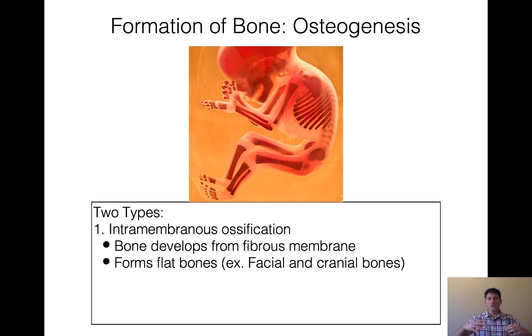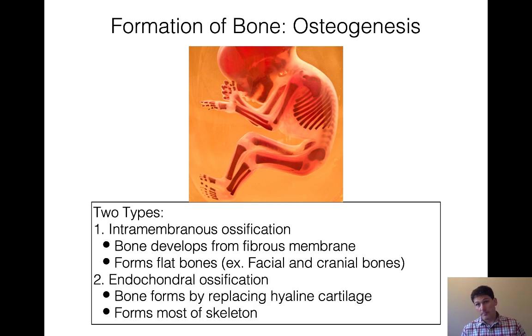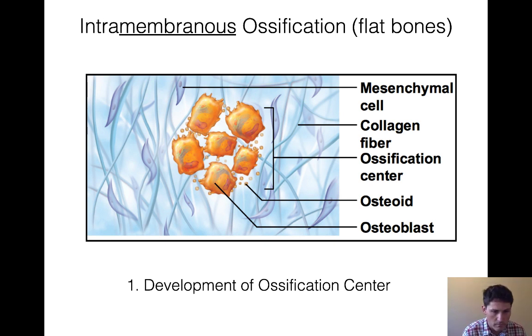This is going to eventually develop into our flat bones, so our facial bones, our cranial bones, our ribs, right? The other type of bone formation, or the other type of osteogenesis, is endochondral ossification. And so this is where bone is replacing the hyaline cartilage, and that's what's forming most of our skeleton.